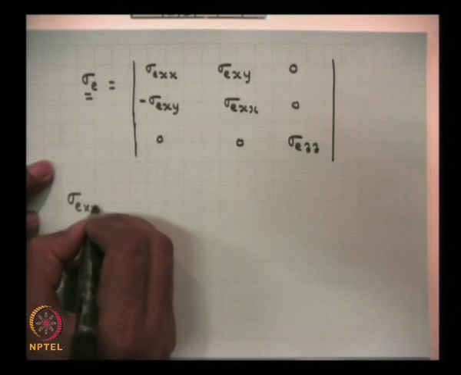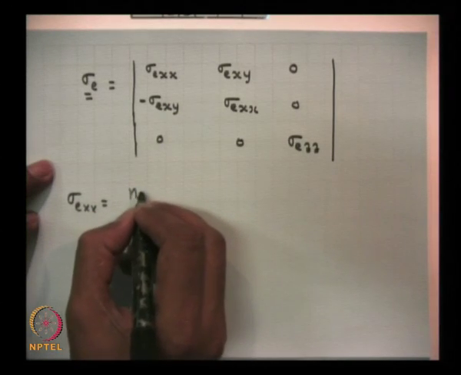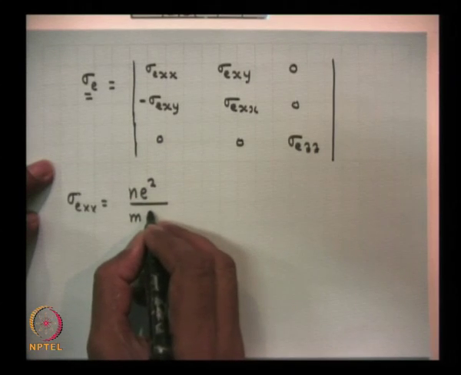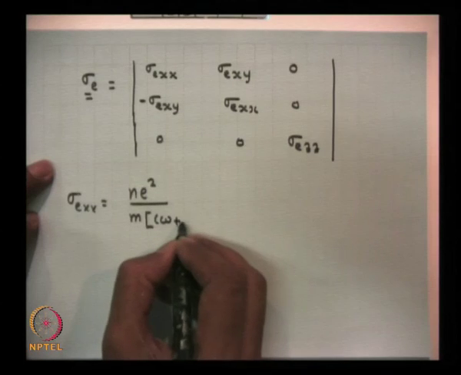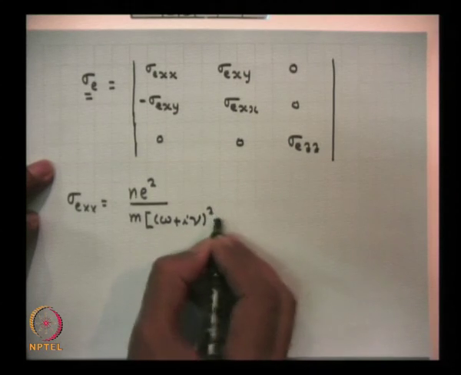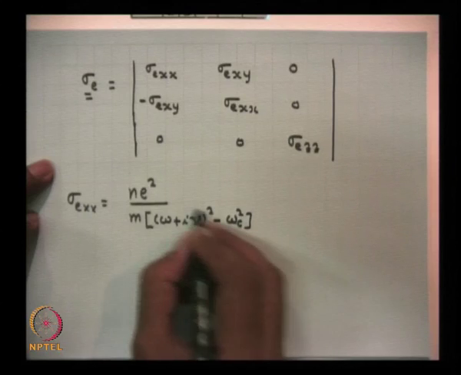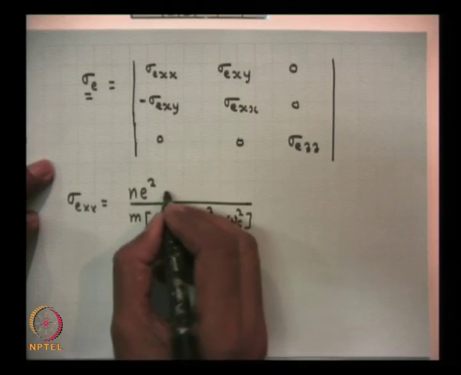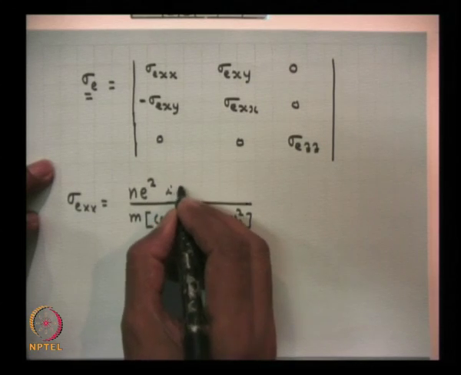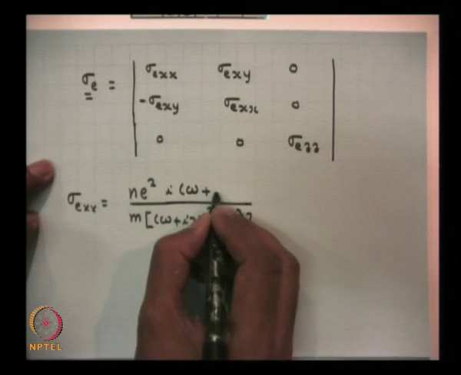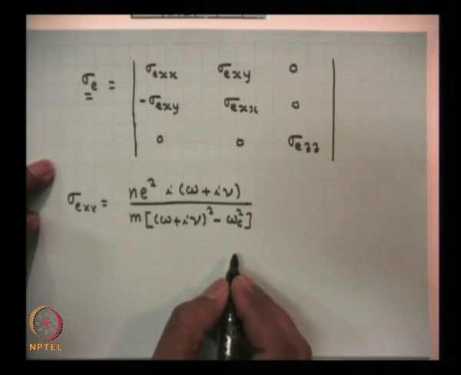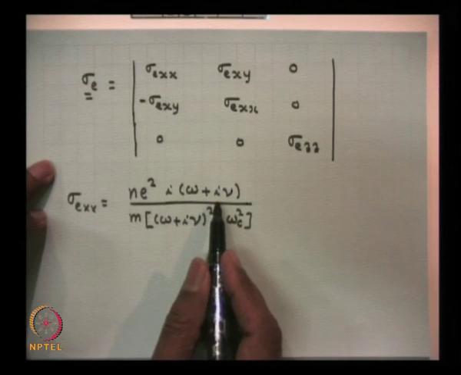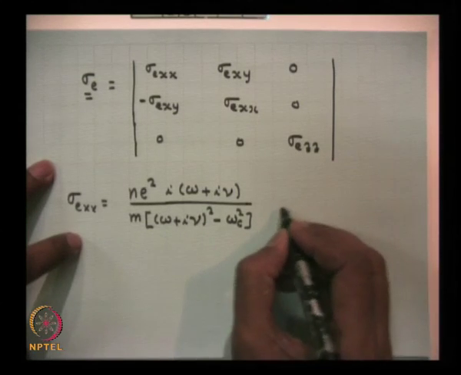sigma Exx turns out to be equal to n e square upon m, and here is omega plus i nu whole square minus omega c square, multiplied by i omega plus i nu. I think this is the correct expression.